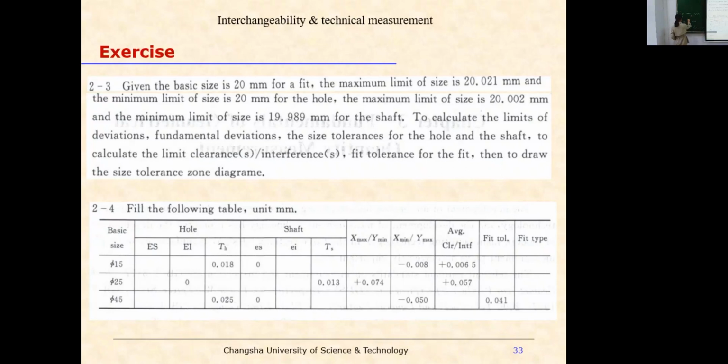So this is minus 0.008. So this one is positive 0.011.